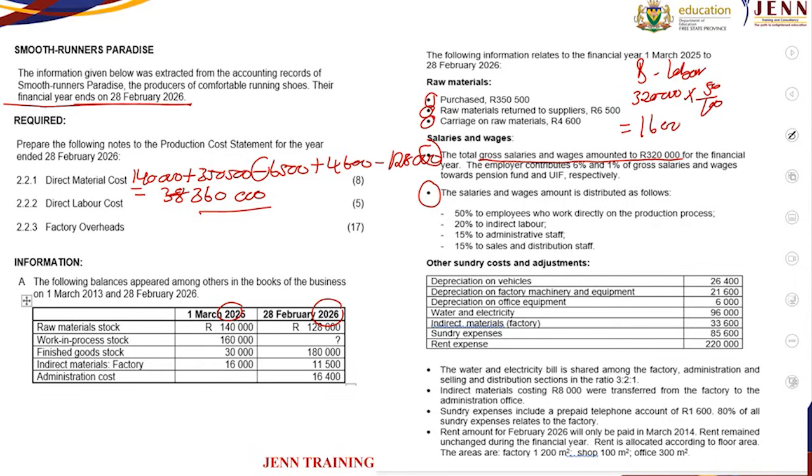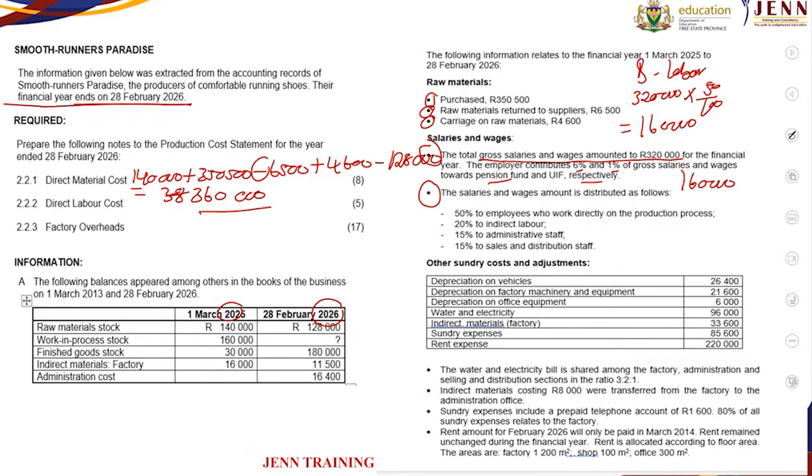160,000. But remember, we also need to consider what? The employer's contribution. It says the employer contributes 6% and 1% of the gross salaries and wages towards what? The pension fund and the UIF. As we can see, the total amount that we are paying is 160,000.